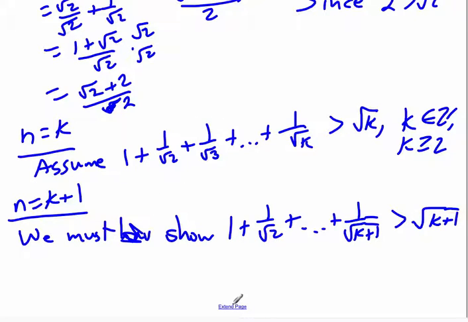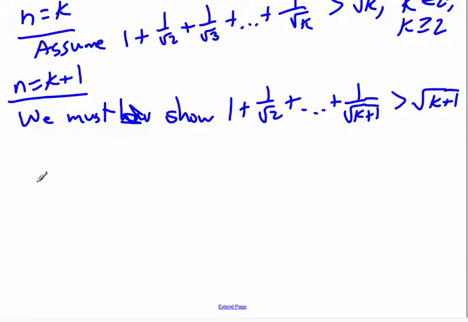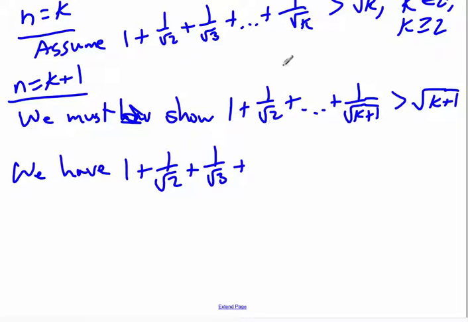Let's start with our assumption, as we often do in inequalities. So we have 1 plus 1 over root 2 plus 1 over root 3 plus, all the way up to k, 1 over root k. That is greater than root k. So we want to add on this term here to both sides of the inequality.